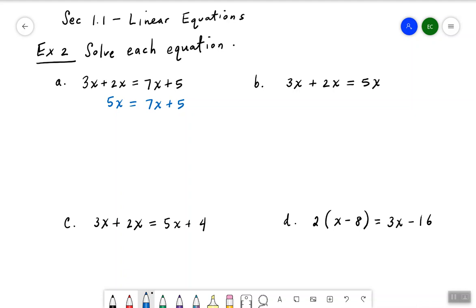And then if we want to get the x terms together on the left, we would subtract 7x on both sides. And that will give us minus 2x on the left and 5 on the right. And then if we divide by negative 2, we get to our solution. We get x is equal to negative 5 halves.